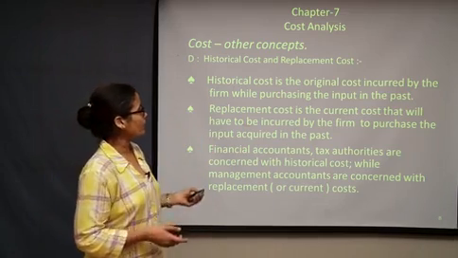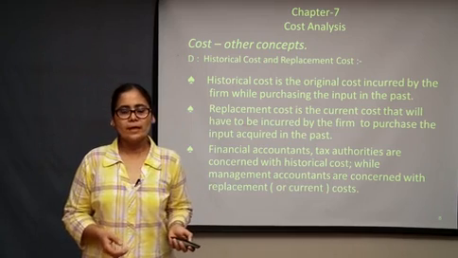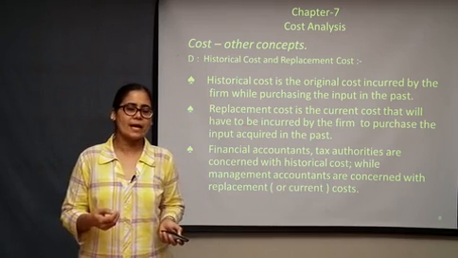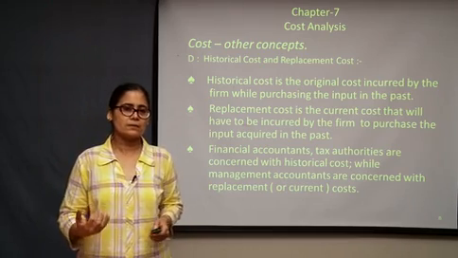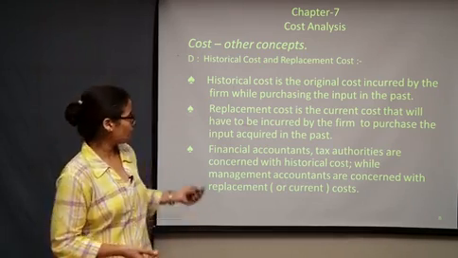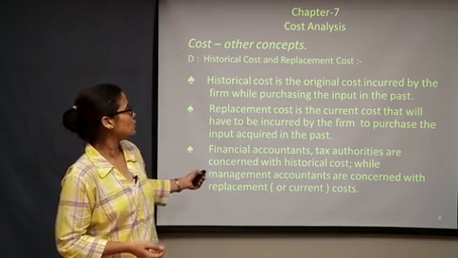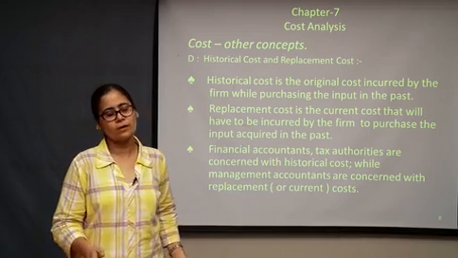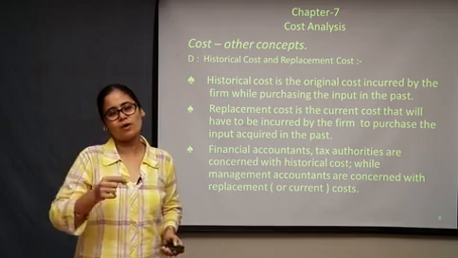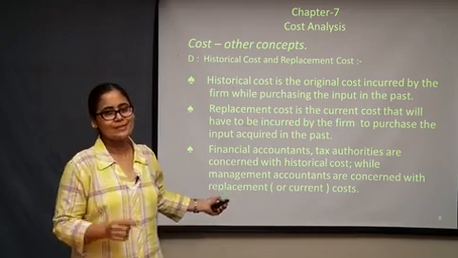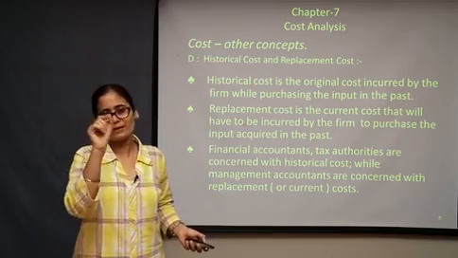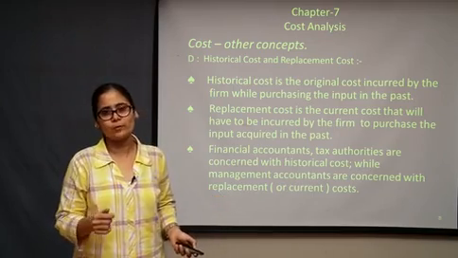So now when we talk about this, it becomes very difficult to understand how historical and replacement cost can be related. So we will be learning one part of this historical and replacement cost with a very small example on the whiteboard. Okay, so I will explain this one concept quickly with one very simple example on the whiteboard.